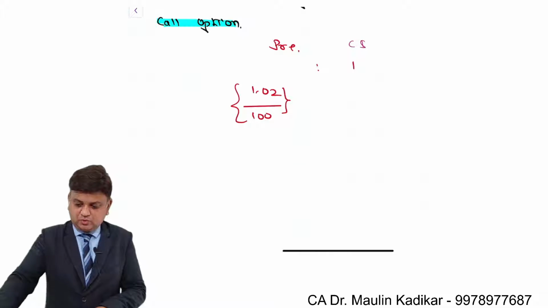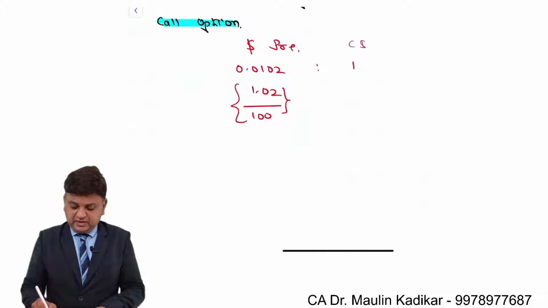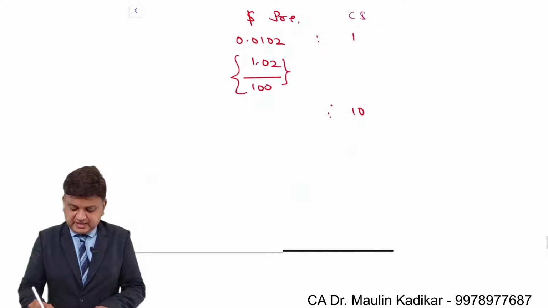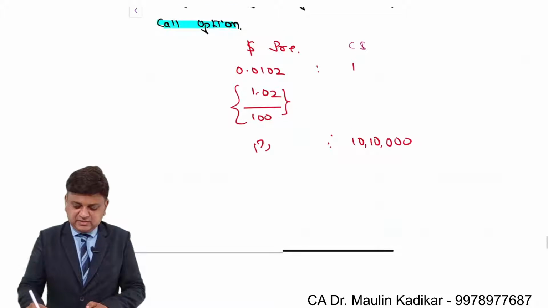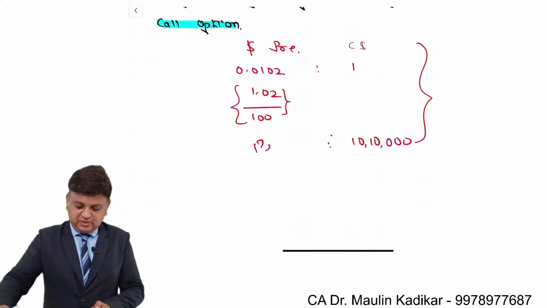So 1.02 upon 100 comes to 0.0102. This is the amount of dollar to be paid in form of premium. What is the amount of the consideration? 10 lakh.